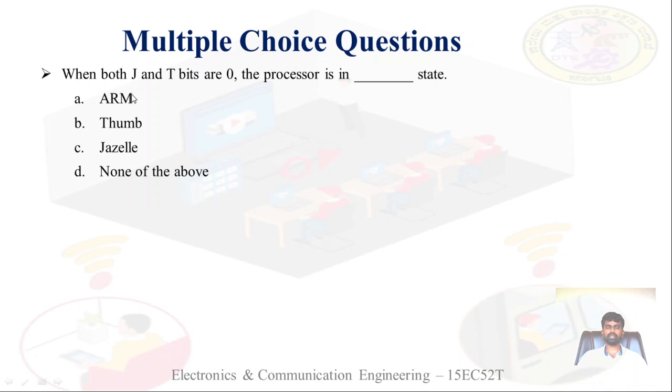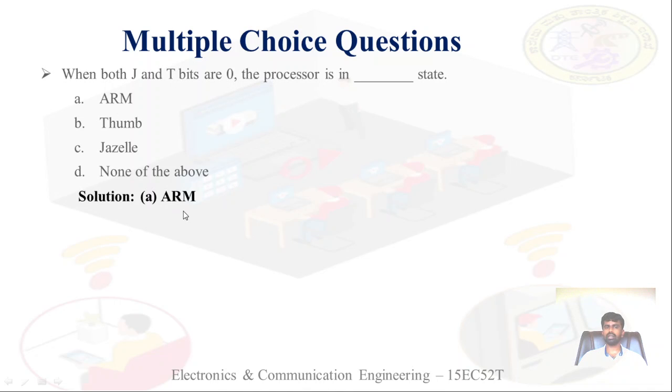Then, related to the control bits of the CPSR: when J and T bits are equal to 0, the processor is in which state? ARM, Thumb, Jazelle, none of the above. See, J is equal to 0 and T is equal to 0. That means it operates in the ARM state.